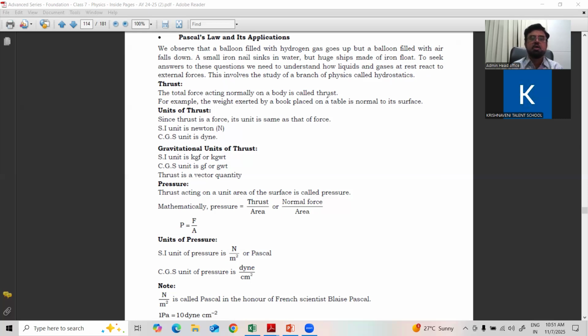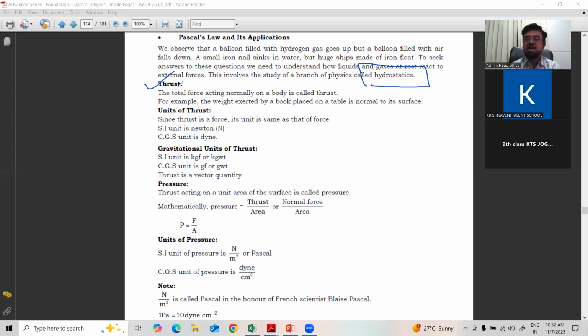This involves the study of the branch of physics called hydrostatics. If you take a small piece of lead and drop it in water, it will sink. But why not a big boat or ship? It is floating. How does a heavy aeroplane fly in air? Air is very light, but still the aeroplane flies. How? All these doubts will be cleared by the end of this chapter, right?